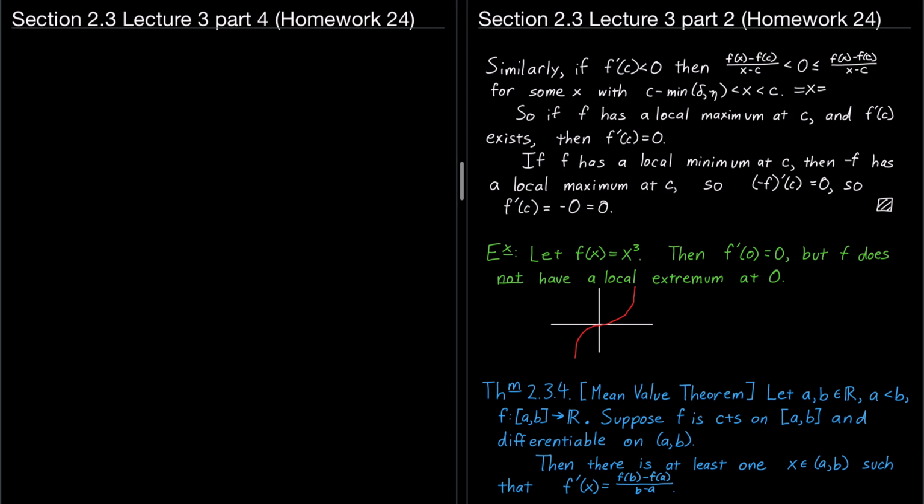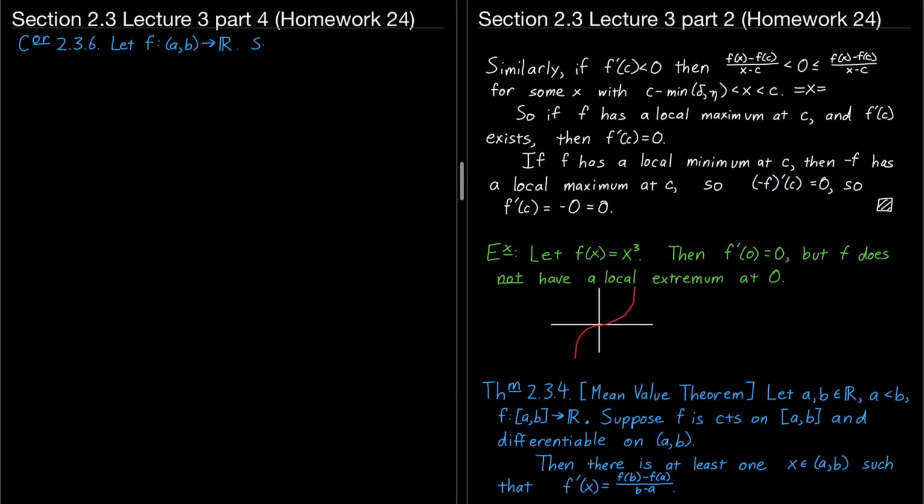Now let's see a couple of applications of the mean value theorem to prove some fairly common results. Let's let f be a function defined on an open interval. Not going to write out all the conditions of open interval again.